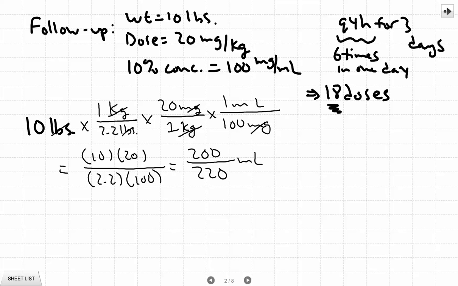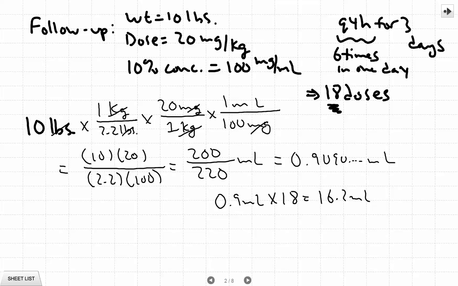So when we do the math here, 200 divided by 220 gives 0.9090 milliliters. So you can round this to just 0.9 and then multiply by the 18, or you can multiply by the 18 and round at the end. If we just round now and do 0.9 mLs times 18, that would give us 16.2 mLs.